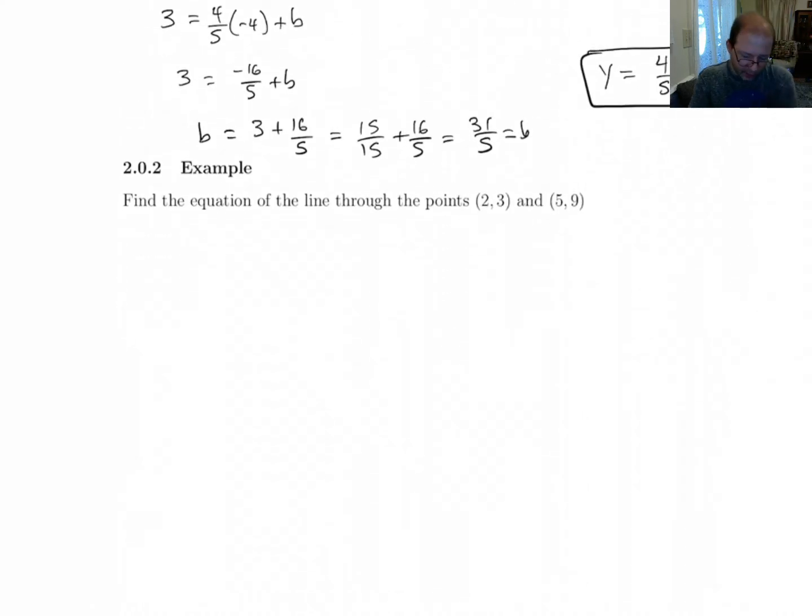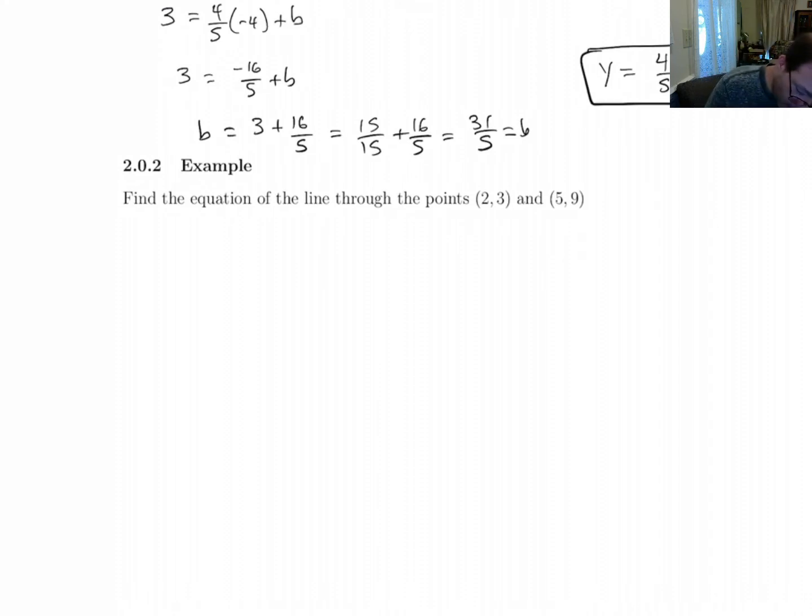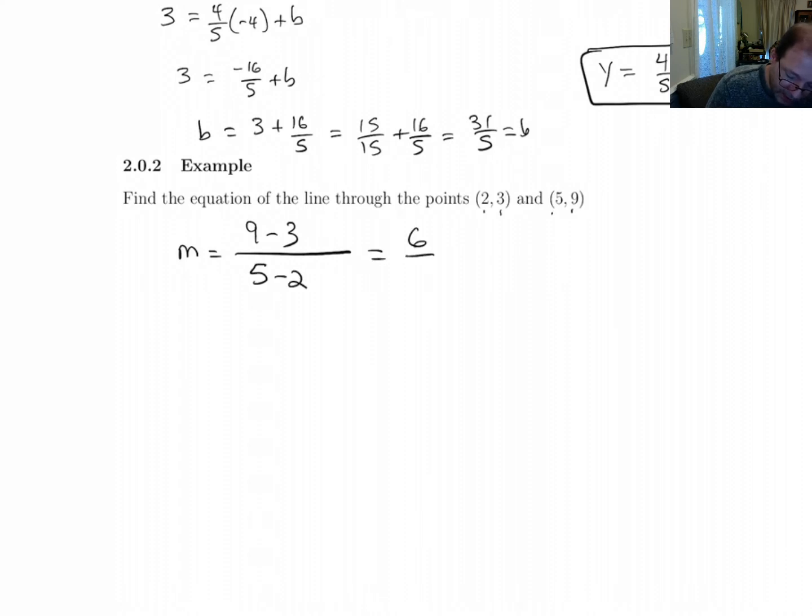Let's do a few more examples. Find the equation of the line that goes through these 2 points. All right, my slope is going to be, let's see, we'll do 9 minus 3 over 5 minus 2. So that's going to be 6 over 3, which is 2. And I can pick either point. I'll pick this one. Y minus 3 equals 2 times x minus 2.